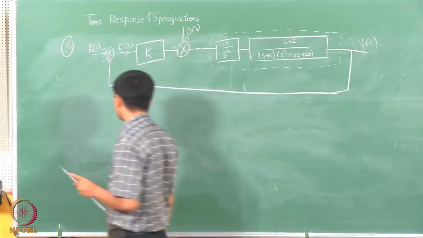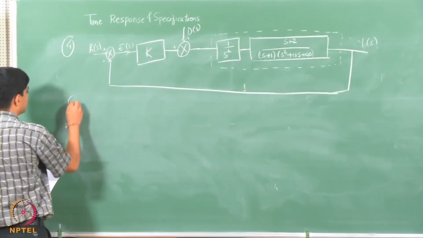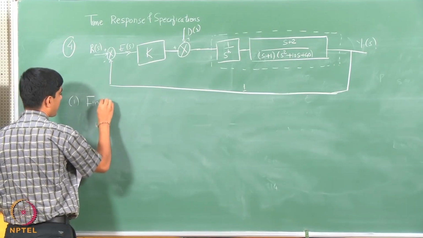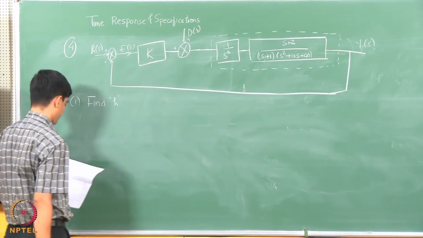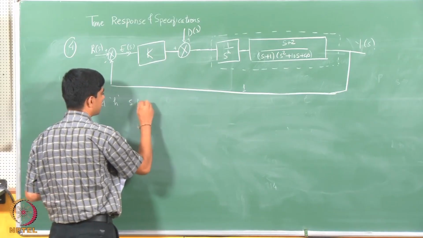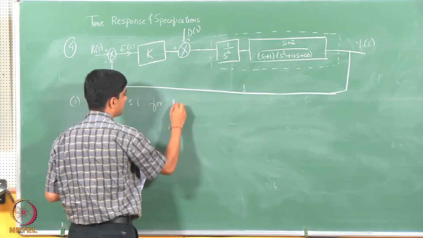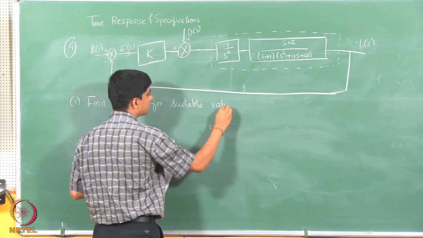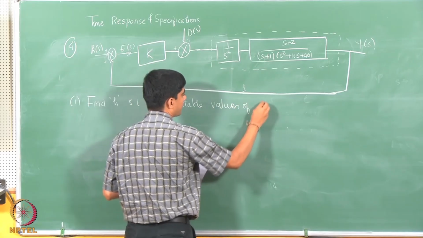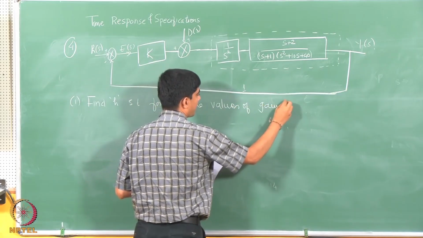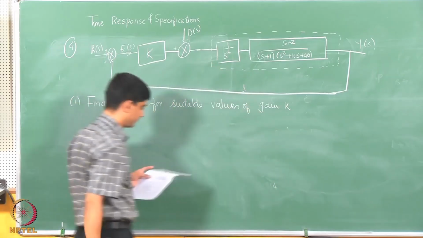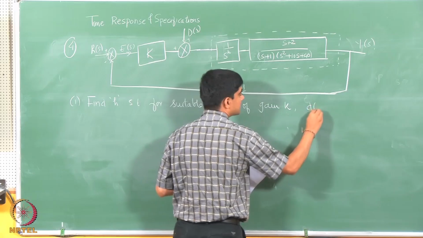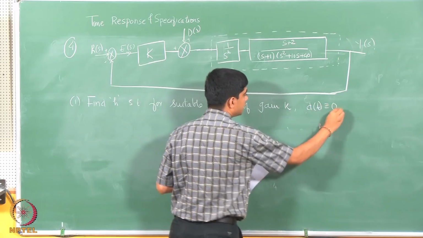Okay. So, in the first part, I would want to find h such that for suitable values of this gain k. Additionally, let me assume that the disturbance is identically equal to 0.